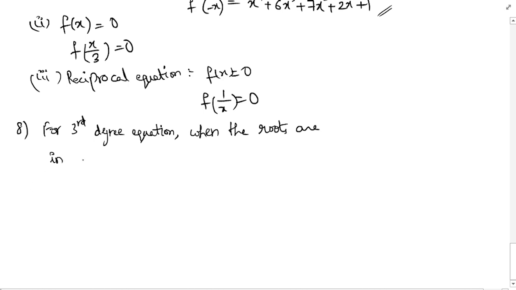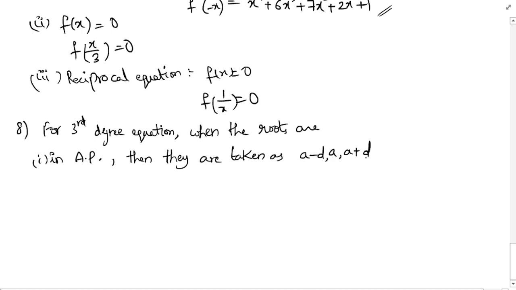For third degree equation, when it is given in the question that the roots are in arithmetic progression, okay, when the roots are in AP, then we will assume them as A minus D, A and A plus D. So these will be the three roots of the third degree equation when it is given that the roots are in AP.